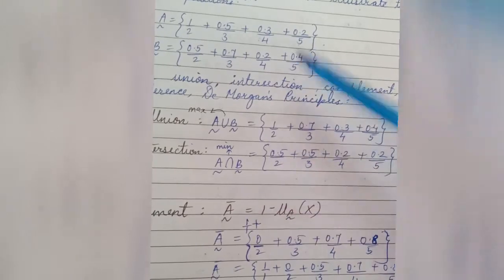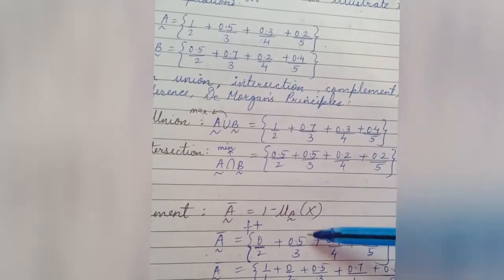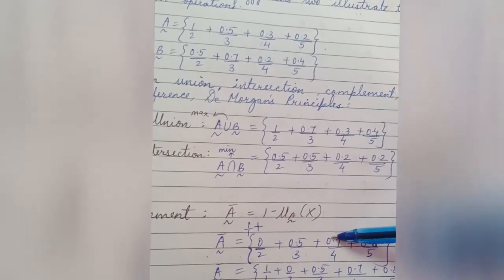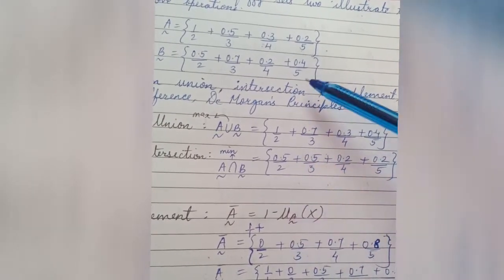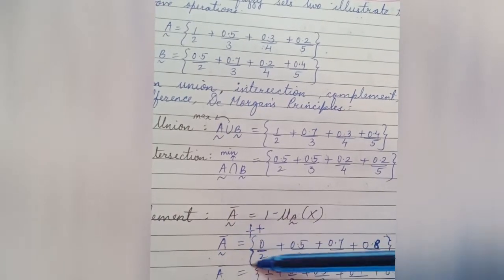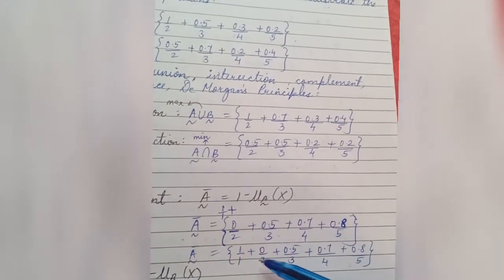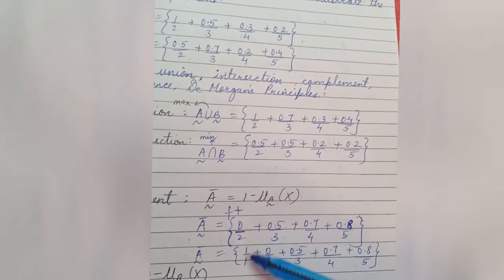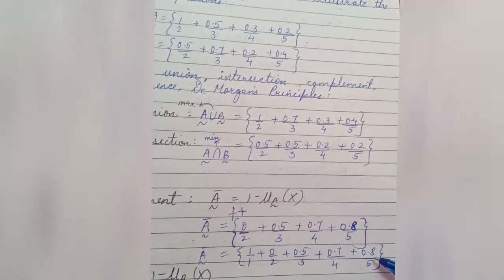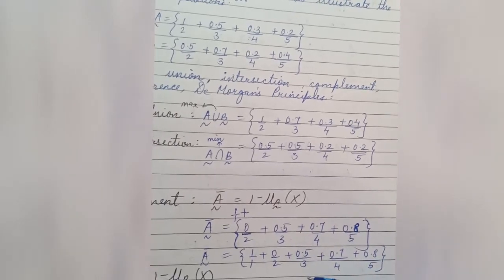Third element 1 minus 0.5, that is 0.5 upon 3. Fourth element 1 minus 0.3, that is 0.7. Last element 1 minus 0.2, that is 0.8 upon 5. So this is A complement. So the A complement set contains these 5 elements: 1 upon 1, 0 upon 2, 0.5 upon 3, 0.7 upon 4 and 0.8 upon 5. Let's find B complement in the same way.